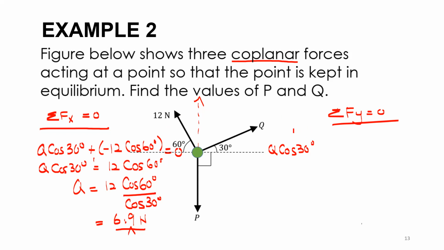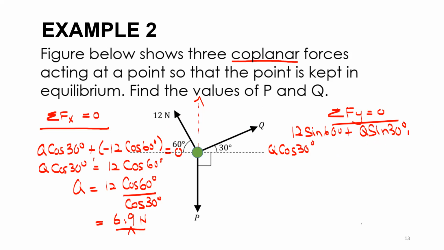So I have 12 sine 60 degrees plus Q sine 30 degrees.